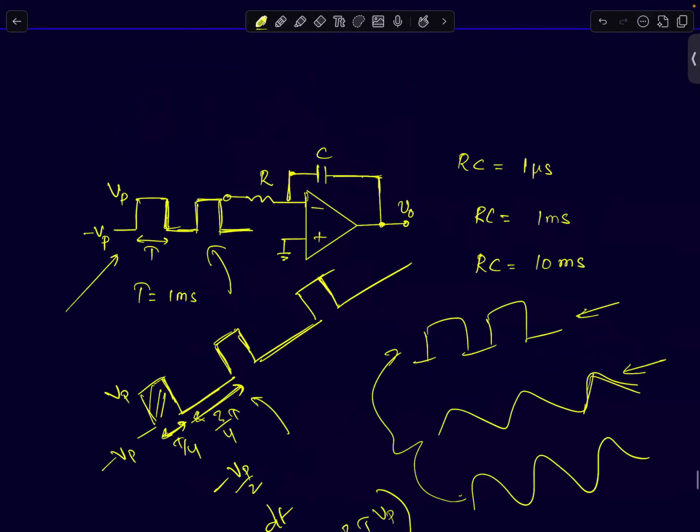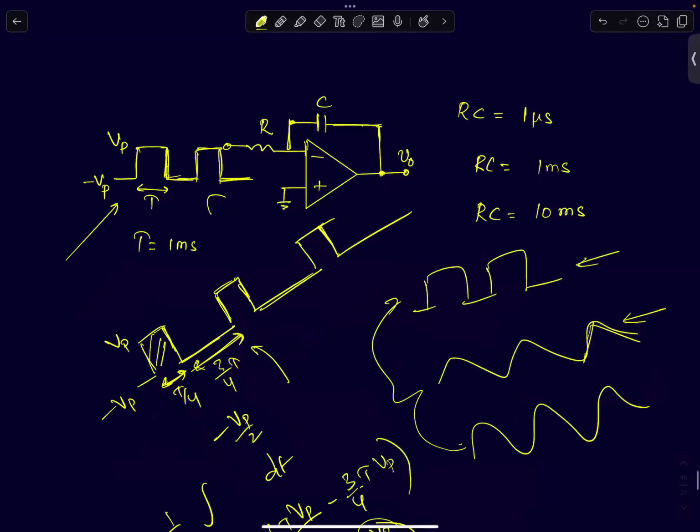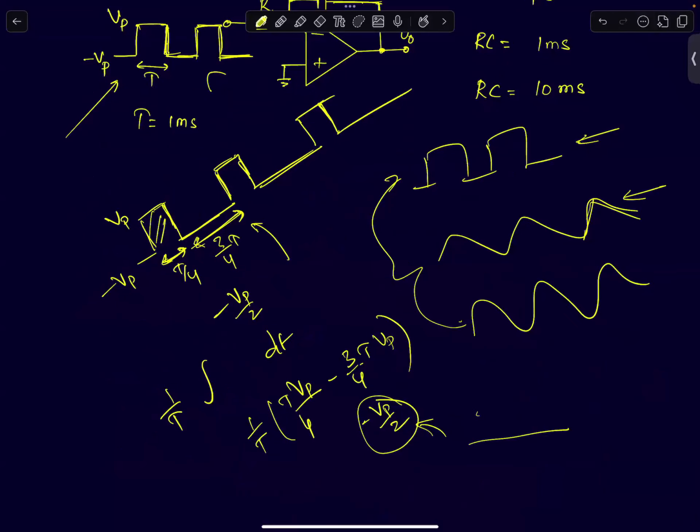Whenever you have a pulse signal whose DC value is non-zero and you are applying this as an input to an integrator, you can always split this signal into a zero average signal and a DC signal.